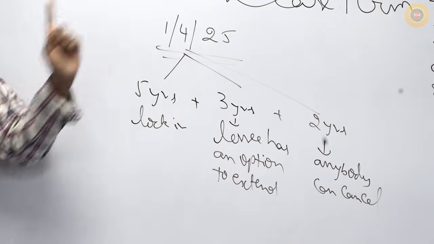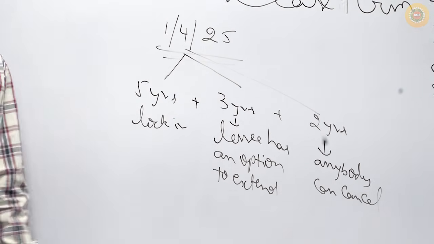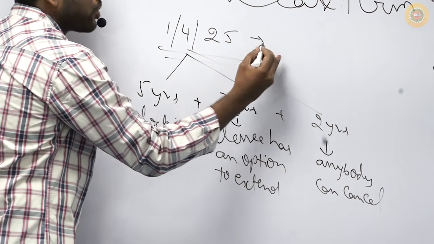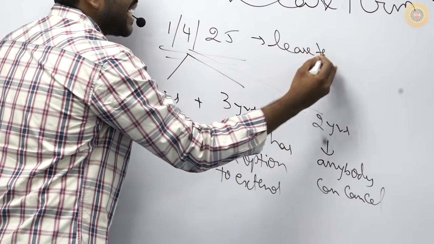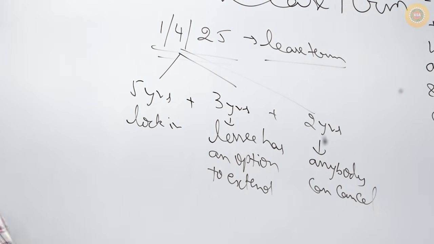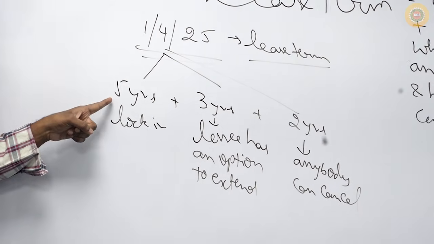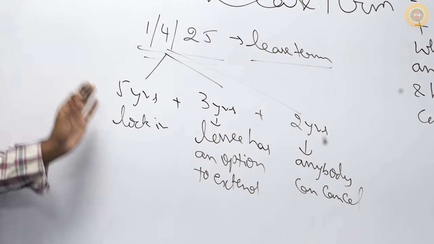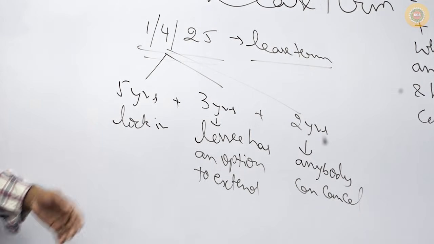On 1st April 25, you are entering into this lease agreement. So on that date, you want to calculate what is the lease term. First of all, is there any debate whether 5 years should be included or not? No, definitely. 5 years is the minimum lease term. So 5 years will be in the lease term.